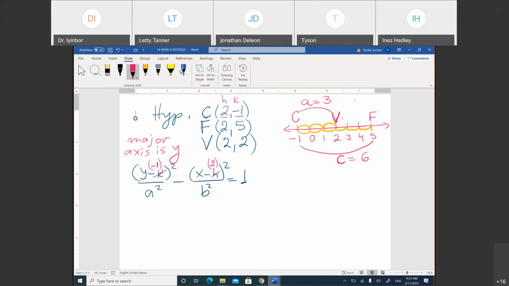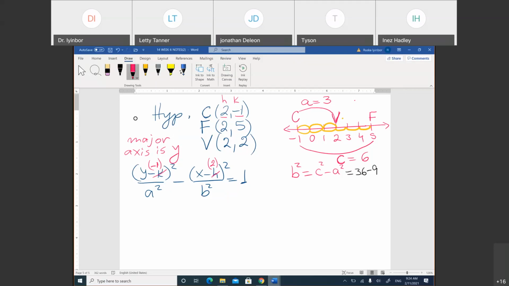Okay, now let's go ahead and find B. We need to find B squared, right? And what is the formula for B squared? C squared minus A squared, right? And we're going to plug in the numbers. So B squared is going to be 6 times 6, which is 36, minus 3 times 3, which is 9. So what do you get? 27, right?